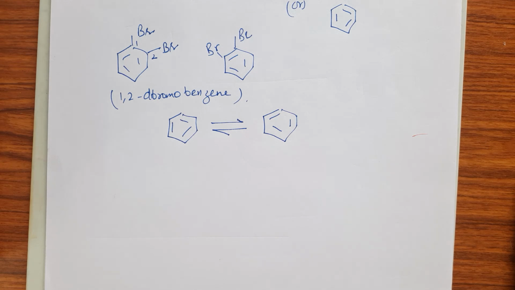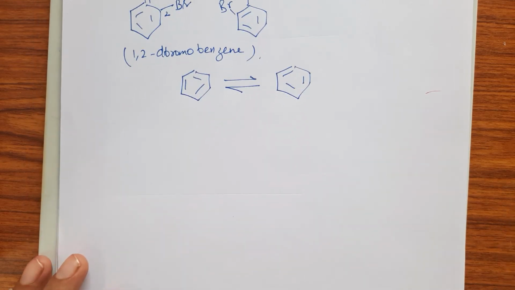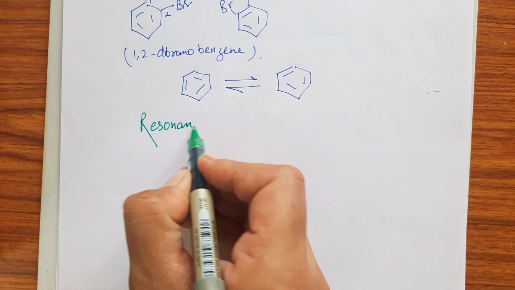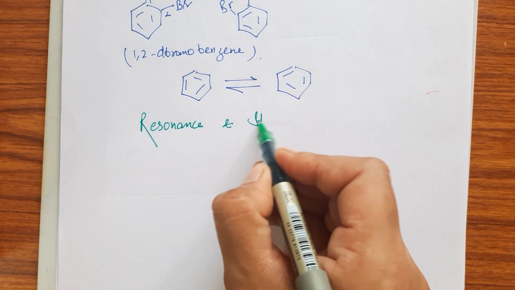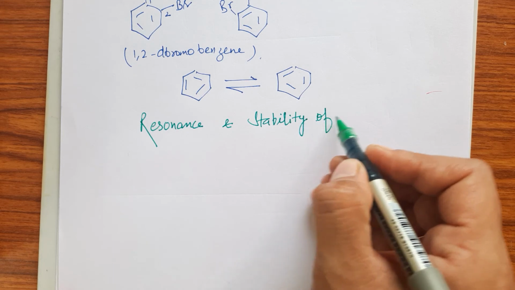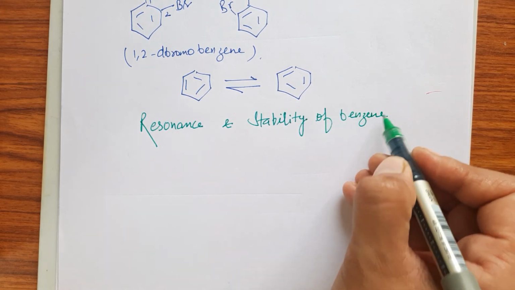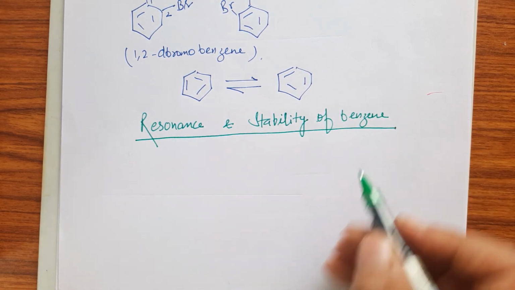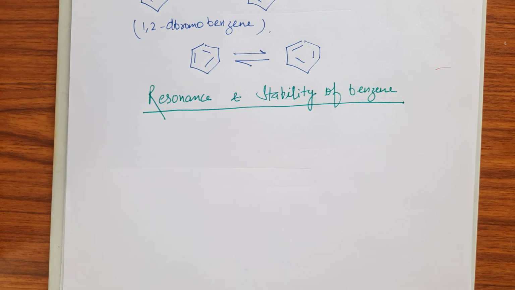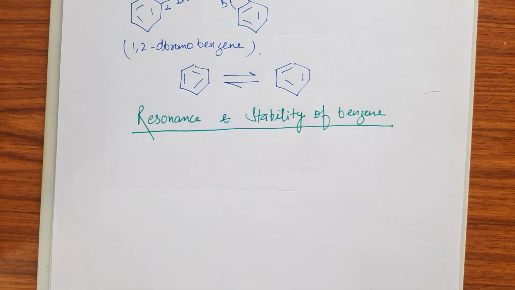So now we take the resonance and the stability of benzene. Here I am taking resonance in benzene and its stability, why it is so stable. According to Kekulé, he gave the above structure, which is known as the Kekulé structure.